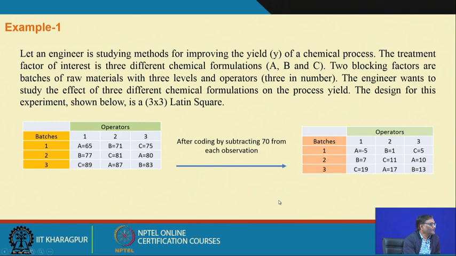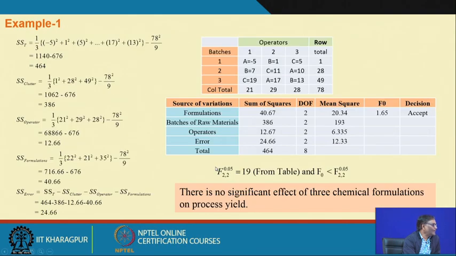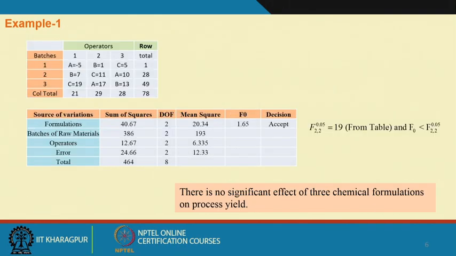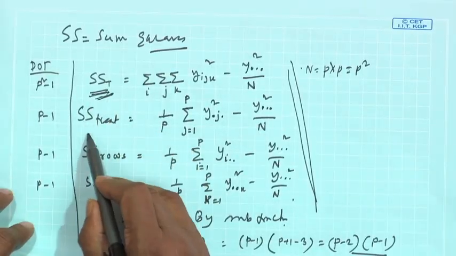So, with reference to this example, how do we compute the SST, SS treatment, SS rows, column, and SS error? These are the formulas that will be used.